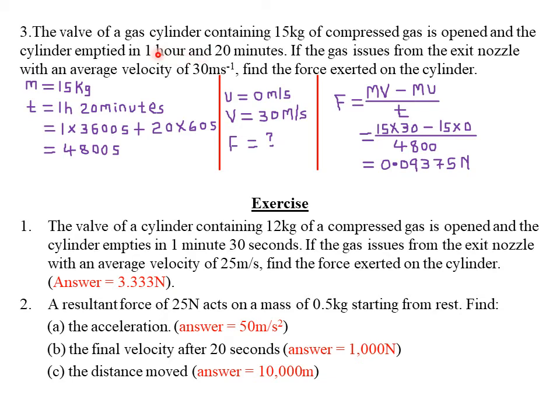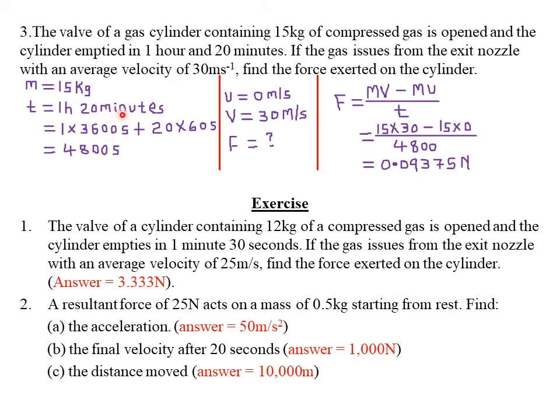That means we have to convert the hours into seconds. We also convert 20 minutes into seconds, so that we are only dealing with the SI units. So we know that 1 hour is equal to 3600 seconds. So that shall be 1 hour over 1 hour multiplied by 3600 seconds.